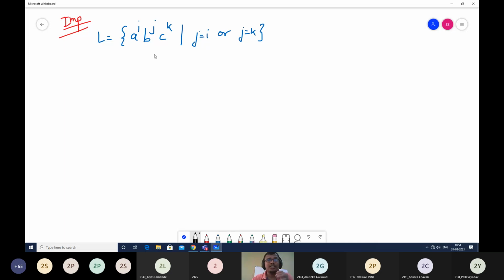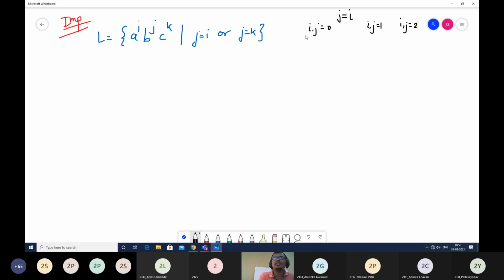Are you getting this? It is also not told what the count of I, J and K is, so they can start from 0. When I say that J is equal to I, the initial value of I and J can be 0. The next possible value for I and J can be 1, then 2.